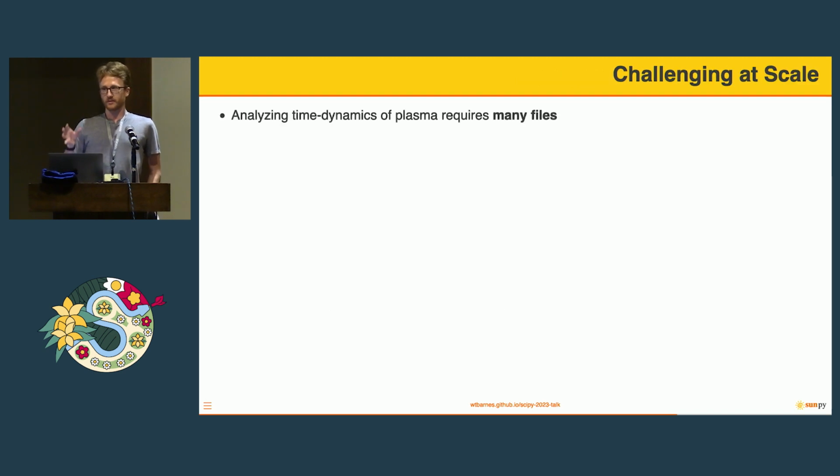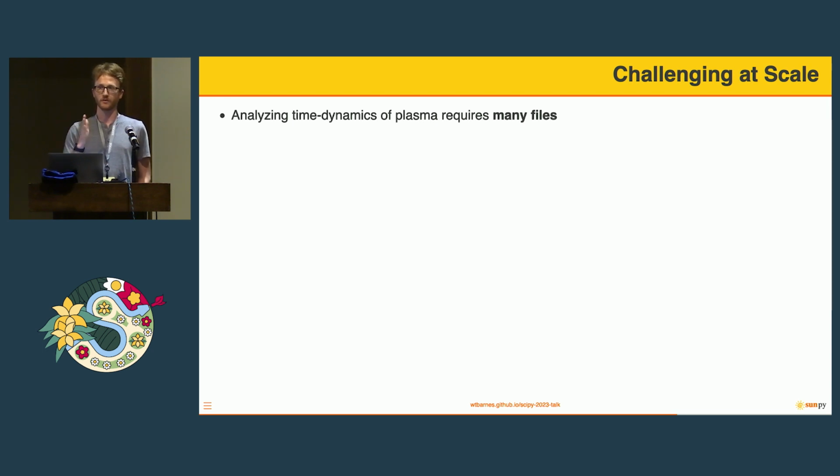All right, so this whole workflow that I've shown is mostly done on a laptop or a big desktop. But it turns out that the data volumes that we have make doing this on a single machine really challenging. In particular, analyzing many time steps of solar image data requires many different files.